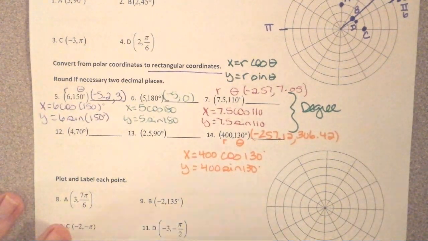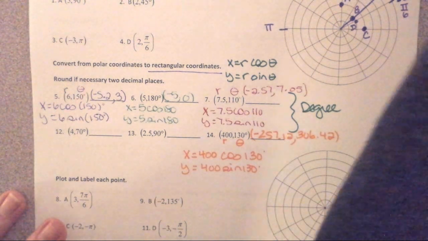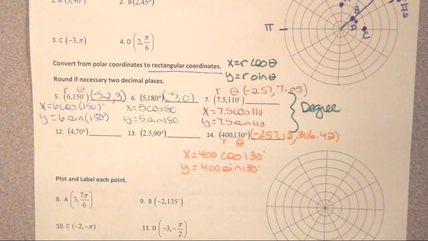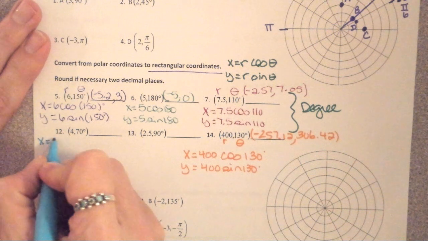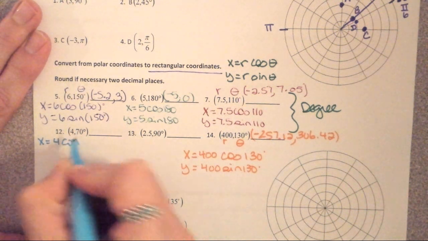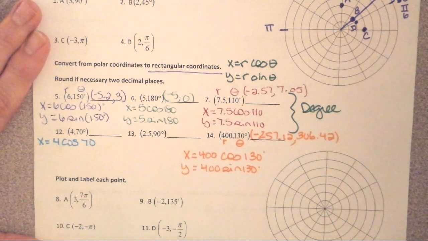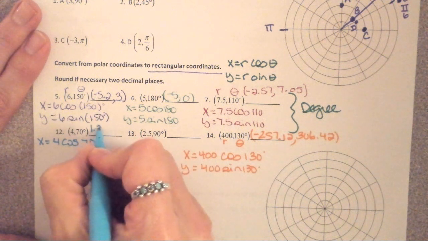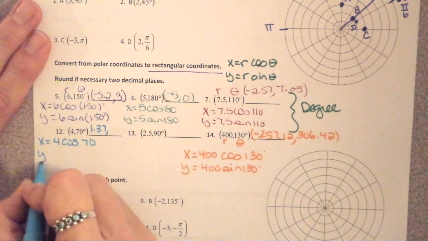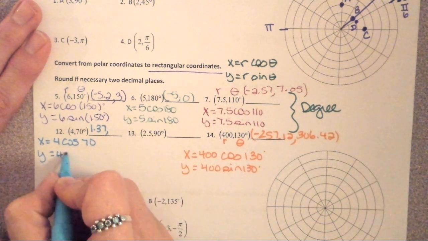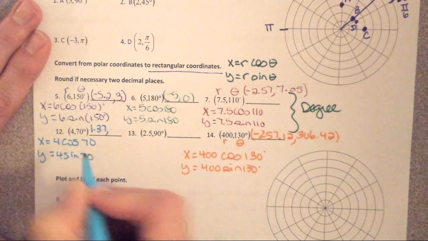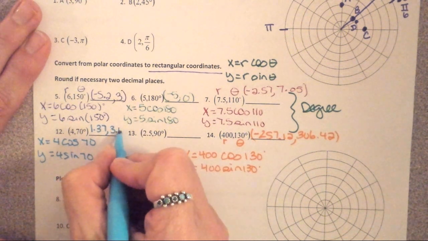On number 12, when you typed that one in the calculator, it was x equals 4 times cosine of 70 degrees, and you ended up with 1.37. Then when you did y, 4 times sine of 70 degrees, you get 3.67.